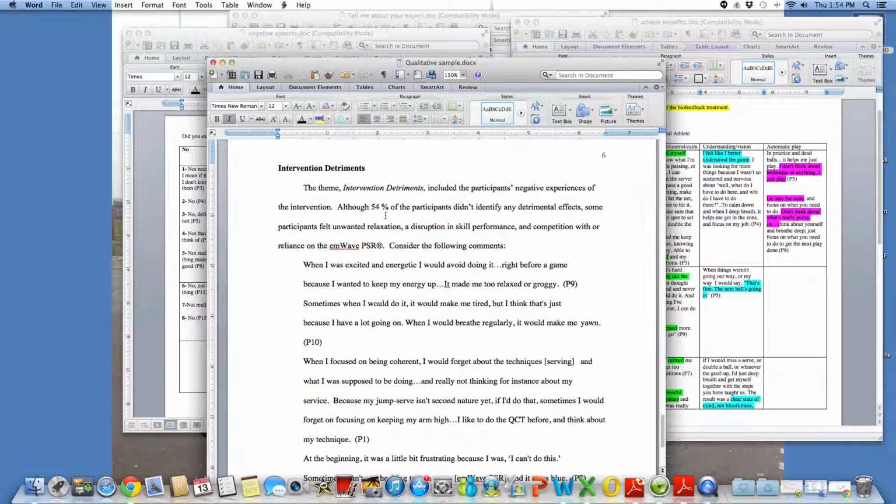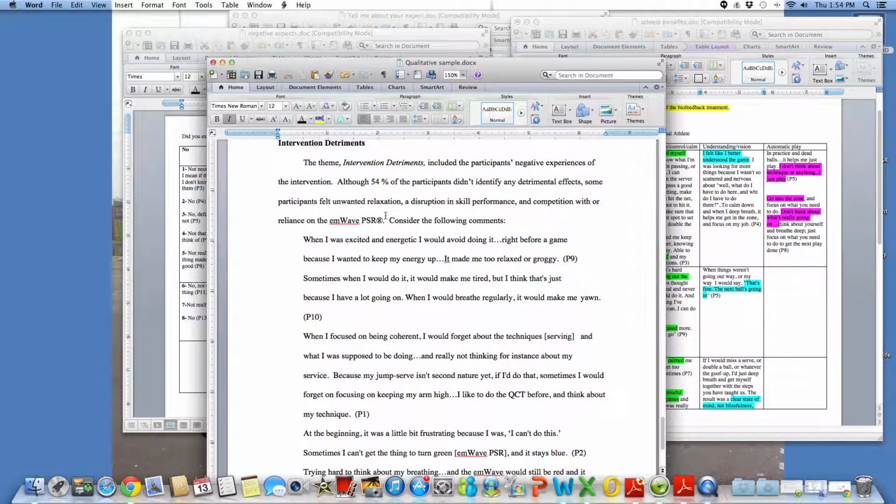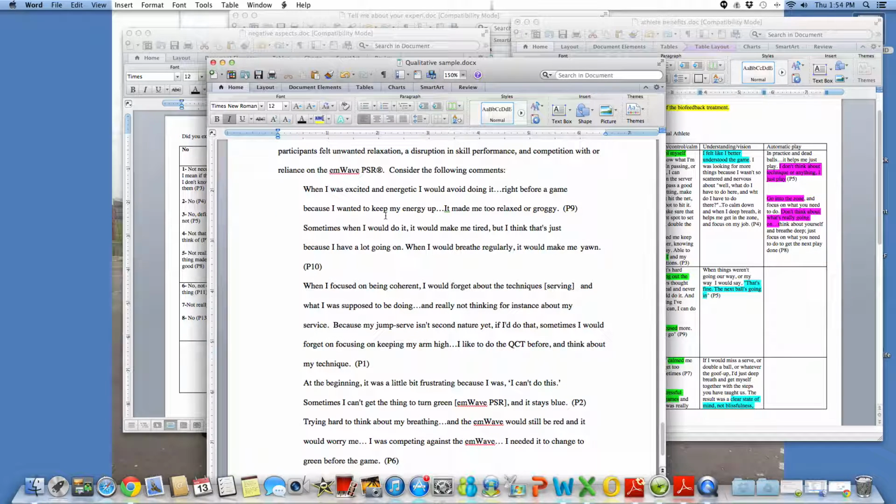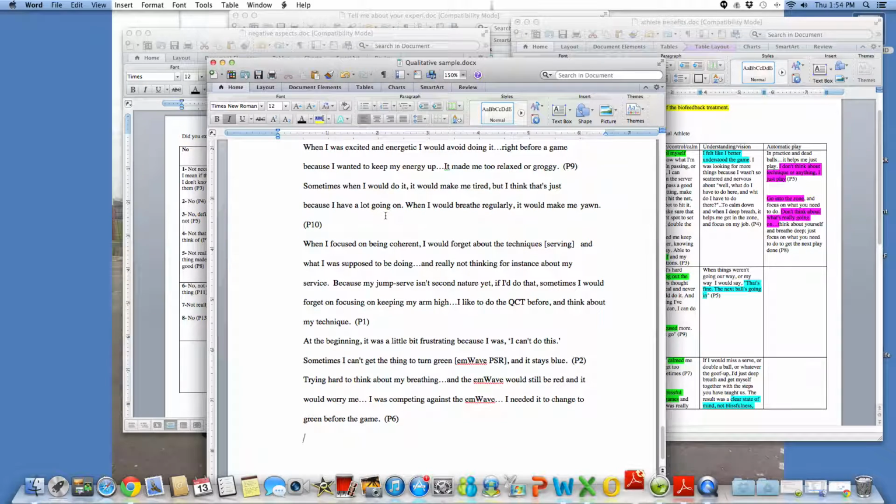And so again, the author is discussing this section, identifying the theme, and then again supporting the theme with specific participant quotes.